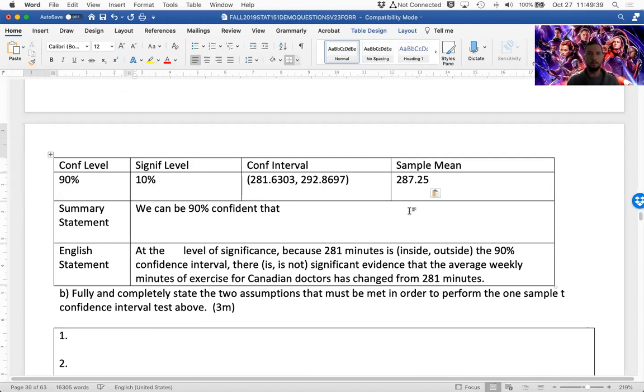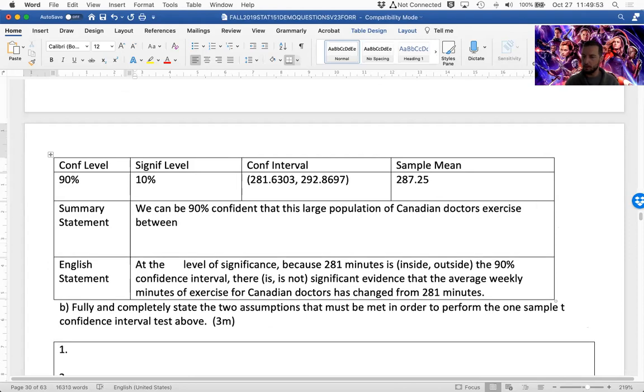So we are 90% confident that this large population of Canadian doctors exercise between 281.63 and 292.87 minutes per week on average.